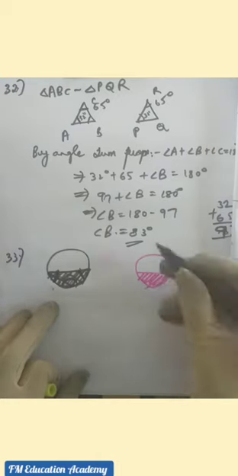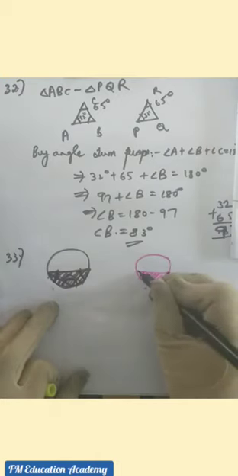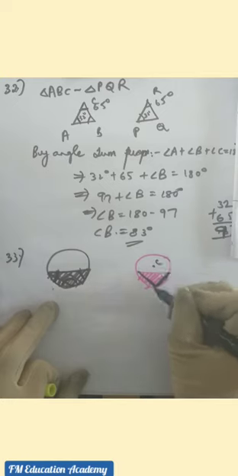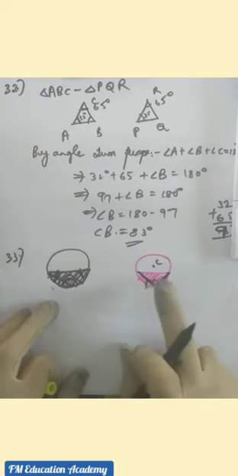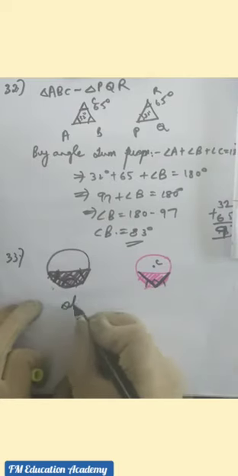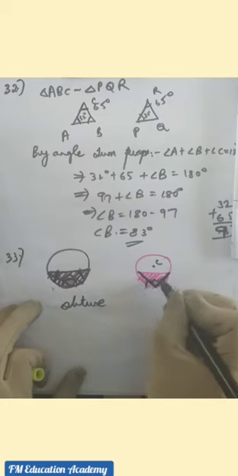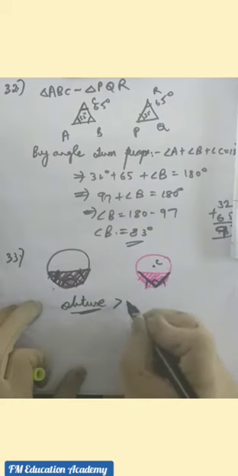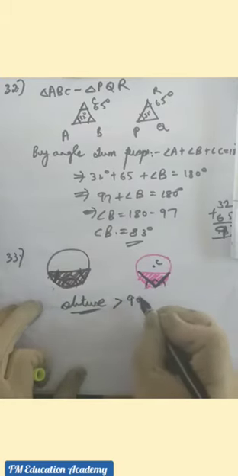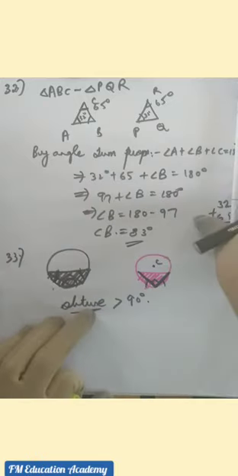If the center is subtending a right angle, this is 90, then what is the remaining angle? More than 90. So any angle in a minor segment will be obtuse, that is more than 90 degree. Remember that. Or it will be less than 180 degree. So the answer is obtuse.